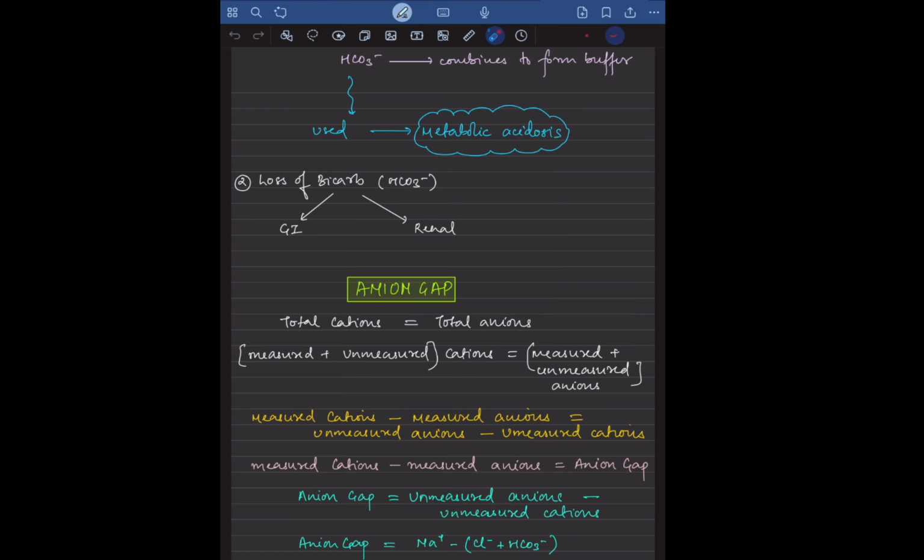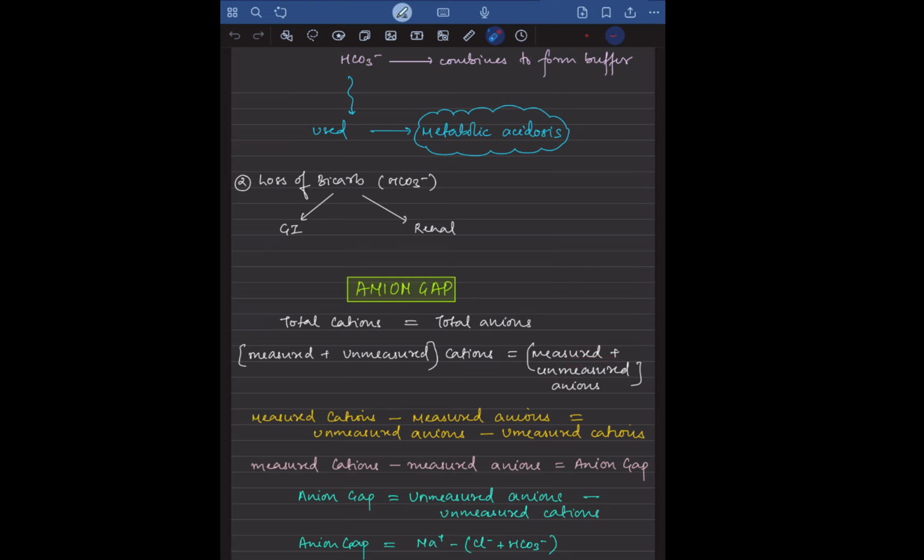This is very crucial for ICU people, people staying in intensive care, or people who are not aware of the cause of the nausea, vomiting, dehydration. So this is very important, the anion gap. It is the measured and unmeasured cations, which is equal to the measured and unmeasured anions, right?